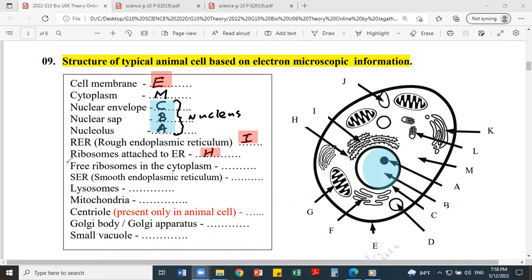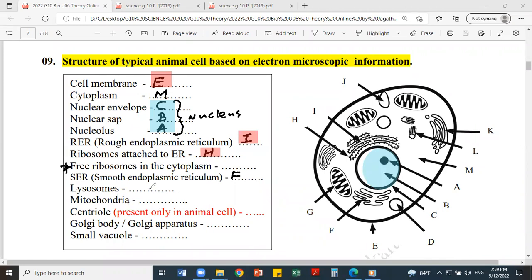I'll label this one separately. We can skip this one because it's not labeled here. SER, smooth endoplasmic reticulum, that is capital F here. This one we'll keep. I'll put an arrow and label separately.